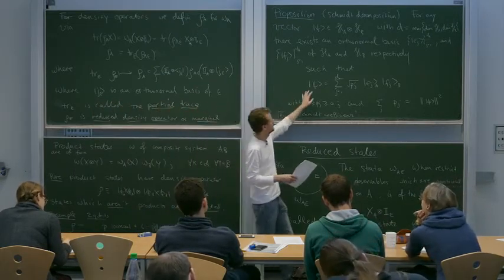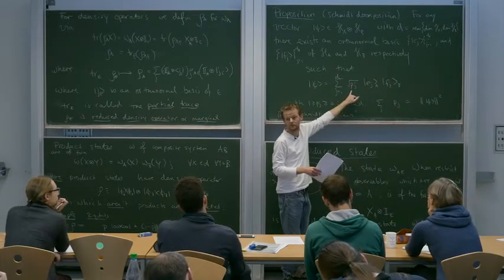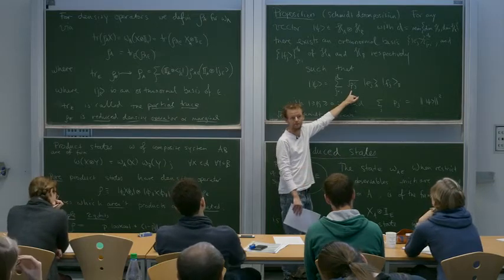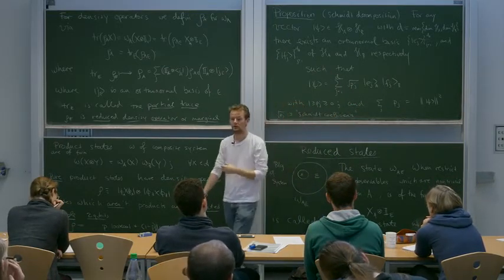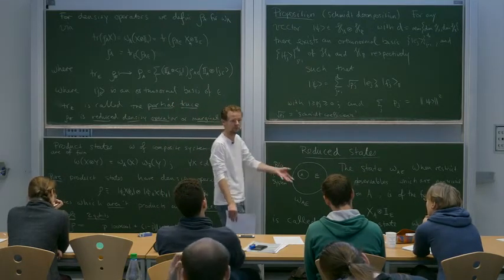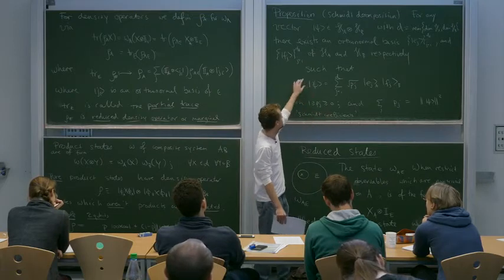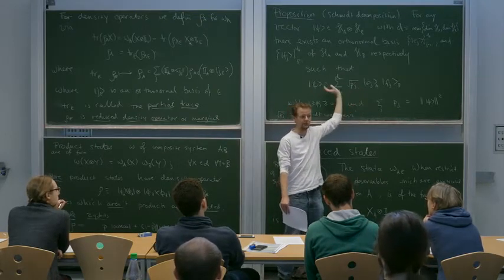Product states are exactly of this form, where p_1 is 1 and the rest is 0. And this is a constructive representation here. There exists an algorithm you can do on a computer, you can even do it by hand, to work out this decomposition. So this allows you to work out if a state's a product or not.